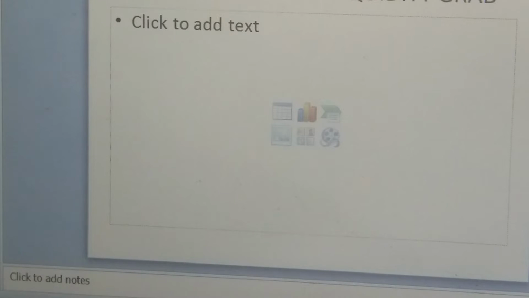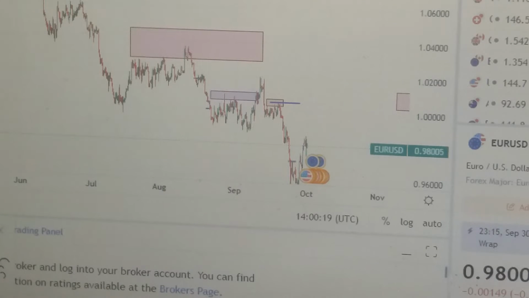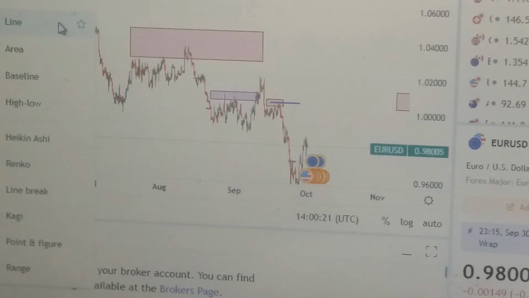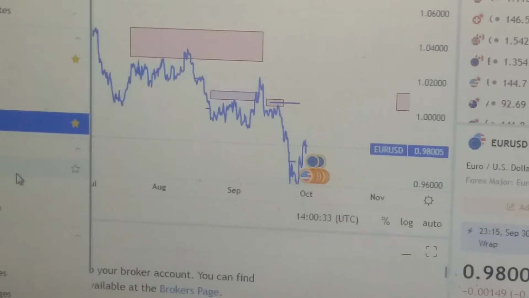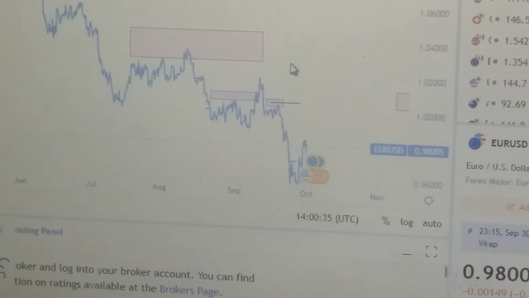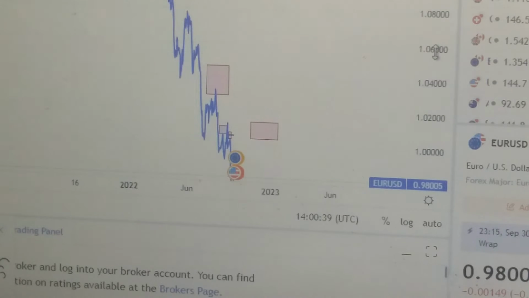Now, the second point, you identify your break of structure, your order block, and liquidity grab. I like to use line chart because line chart will give you a very clear picture of what is going on in the market. This is Euro USD. If you look at this on a daily chart, you can see the line structure very well.